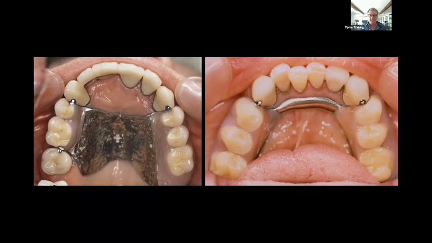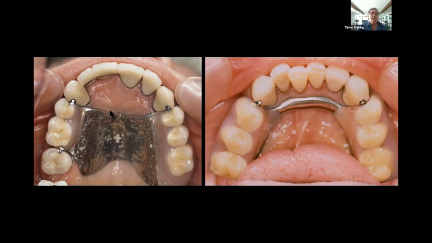Whilst we'll try and use implants most of the time, or bridge work most of the time, in those situations where we have the long, large free end saddle and we can't do implants and bridge work, this is where the mucosal borne stable base denture comes into its own.